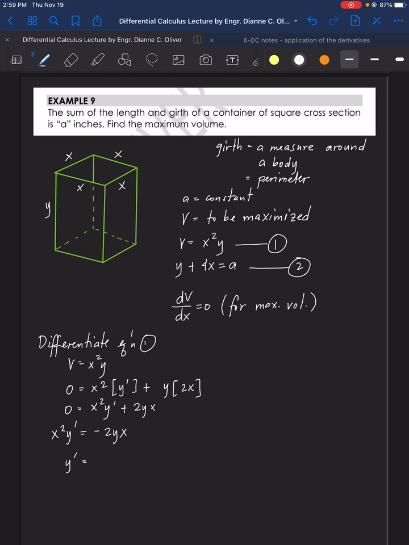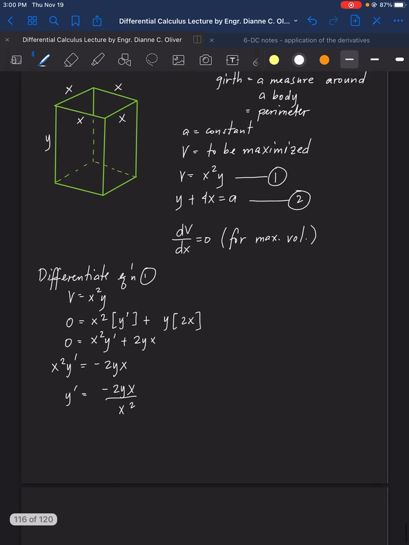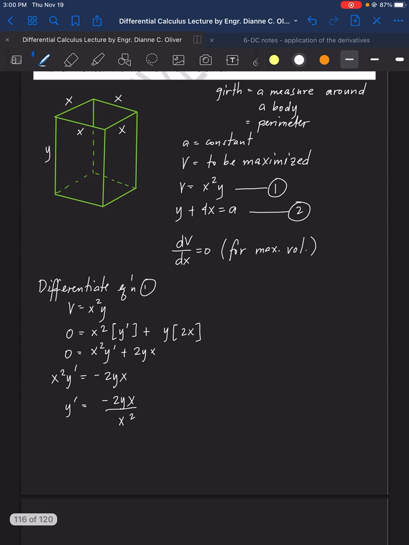Therefore y prime is equal to negative 2yx over x squared. Then cancel out the x value here or the numerator. So we have here y prime equals negative 2y over x.